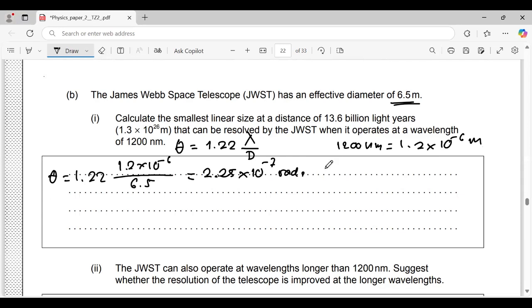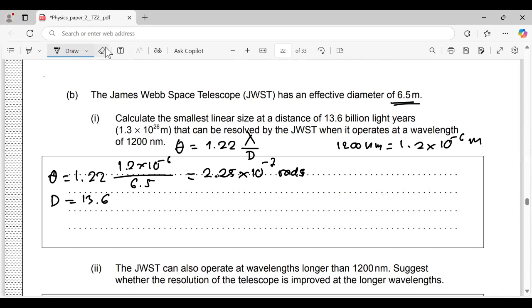So now I will convert the distance 13.6 billion light years to meters.